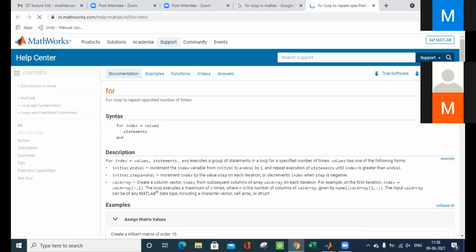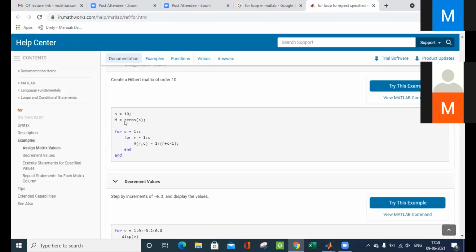So here the syntax of the for loop is given. You can understand s is equal to 10, h is equal to 0 is s. So for c is equal to 1 to s, so that is 1 to 10. And for r is equal to 1 to s, a of r comma c is equal to r plus c minus 1.